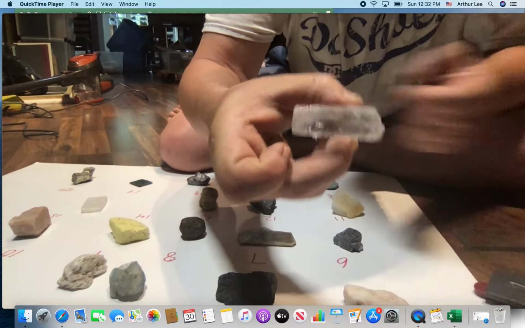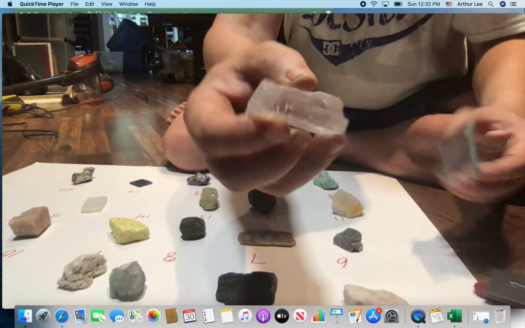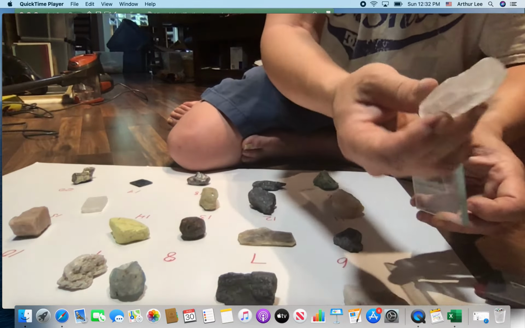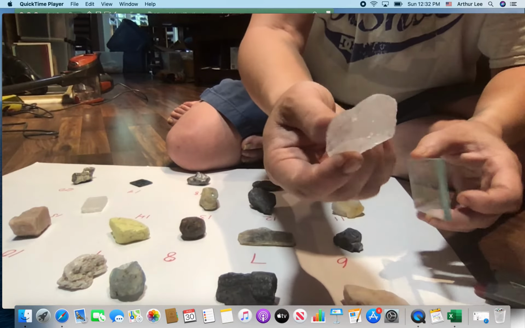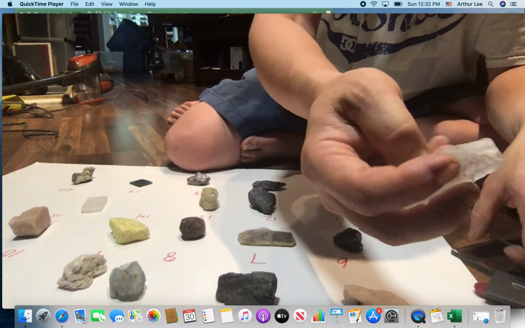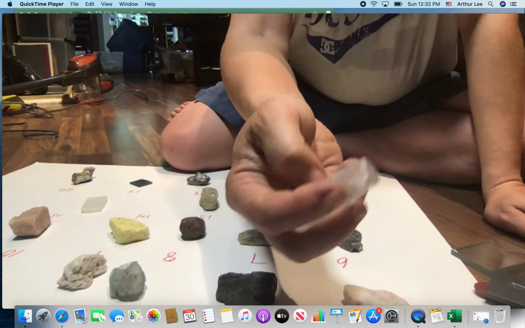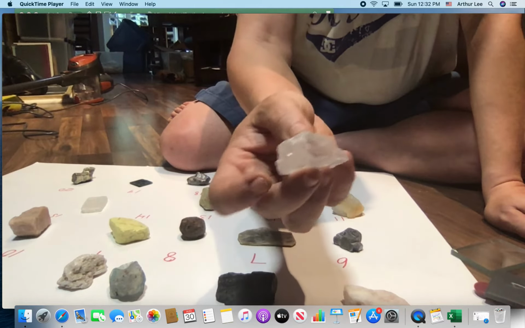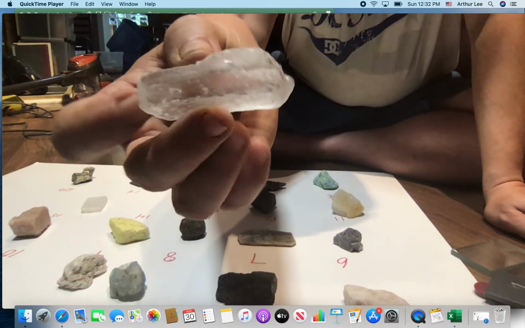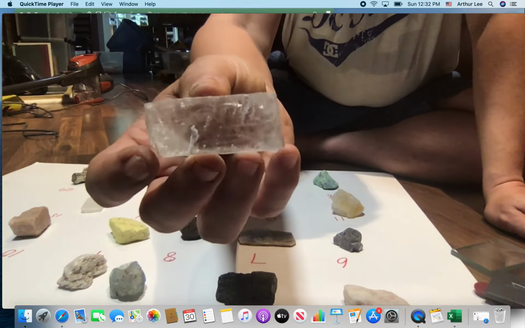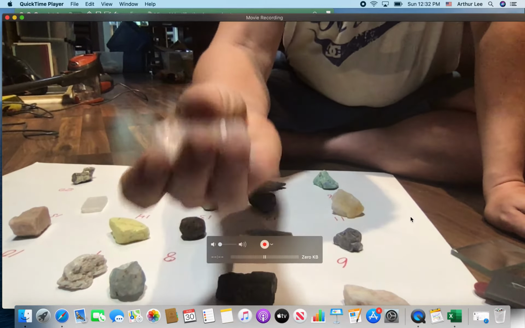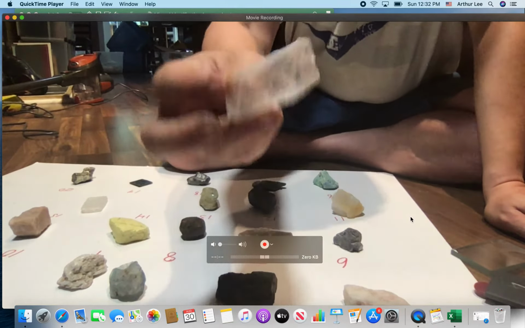I can see one right here. This mineral will not scratch glass. It has a hardness of less than 6.5. I cannot scratch it with my fingernail. This is number 14.